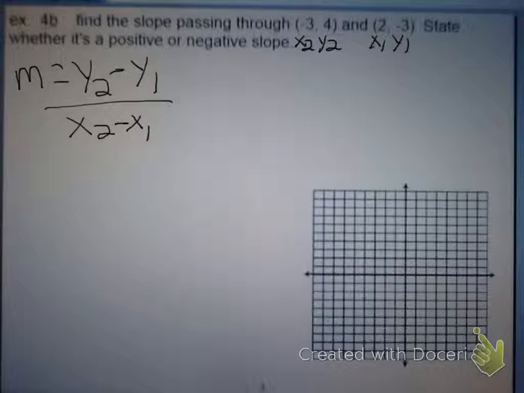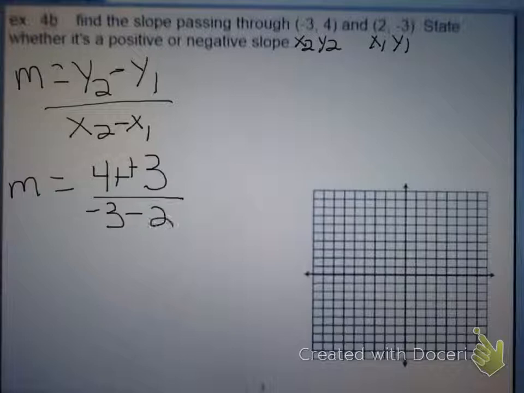That's just the way I do it because it flows into the formula. So my y2 is 4 minus a -3, which turns into plus 3, over -3 minus 2. 4 plus 3 is 7, over -3 minus 2 is -5.